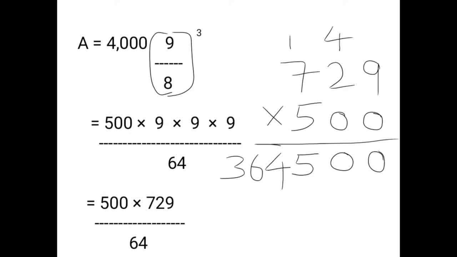After multiplying 729 into 500, the answer is 3,64,500. That is equal to 3,64,500 upon 64. Now you have to divide the number 3,64,500 by 64.